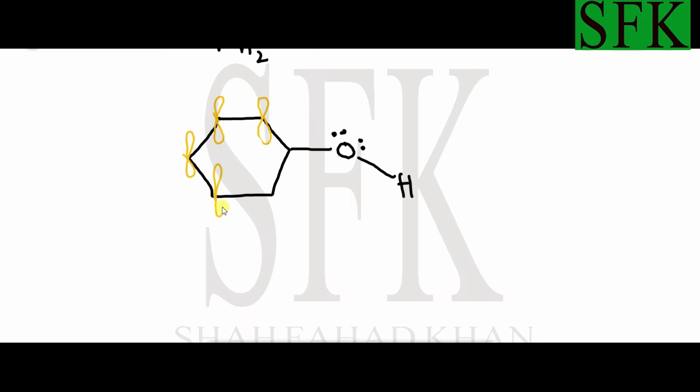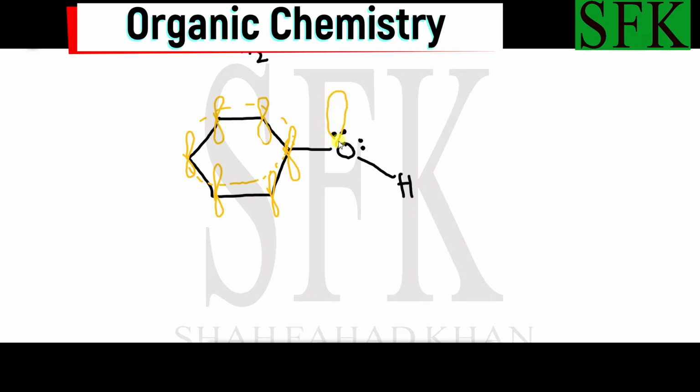Now these orbitals, as we know, overlap with each other forming a delocalized pi system. The lone pairs of oxygen, since they are directly attached to the benzene ring, also overlap with the delocalized pi system of benzene, forming an extended delocalized pi orbital.